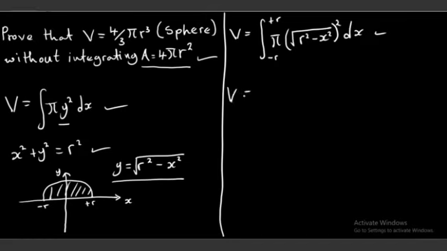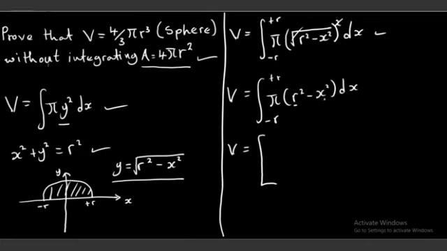First of all, you have to consider that the square root is going to cancel the square. The formula is further transformed to the integral from minus r to plus r of pi times bracket r squared minus x squared, dx. Now we integrate as a definite integral. Here, r is a constant while we are integrating in terms of x.